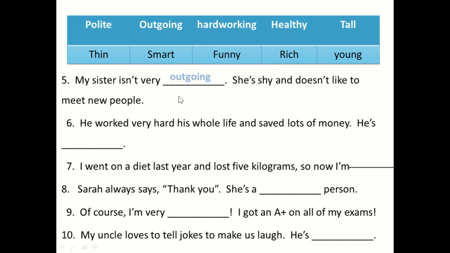Exactly, outgoing. He worked very hard his whole life and saved lots of money. Of course, if he already saved lots of money, he's very rich. I went on a diet last year and lost 5 kilograms. So now I am thin. She always says thank you. She is a dash person.